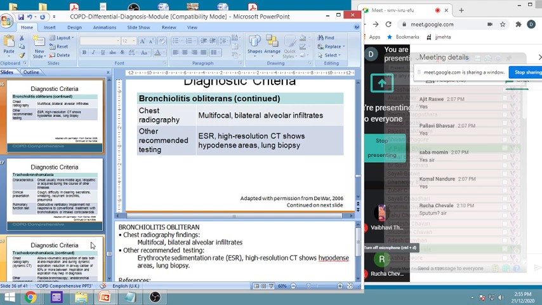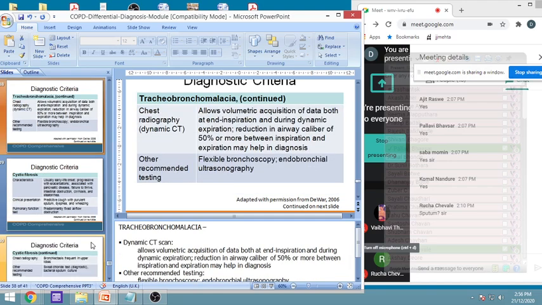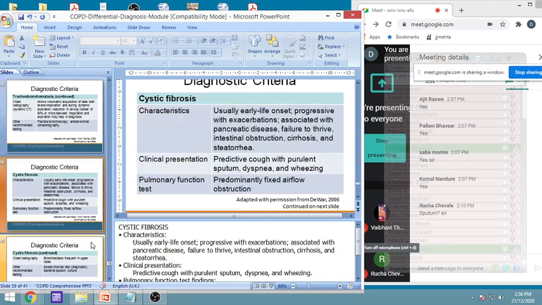High resolution CT will show hypodense areas. Lung biopsy can be checked, and then we can determine what the reason can be. Then tracheobronchomalacia, again we can go for important diagnostic tools like CT and other testing like flexible bronchoscopy, endobronchial ultrasonography, and then we can understand what the reason can be.